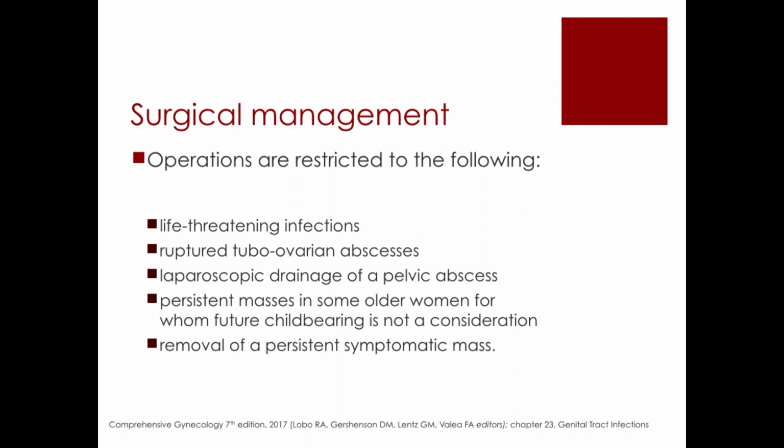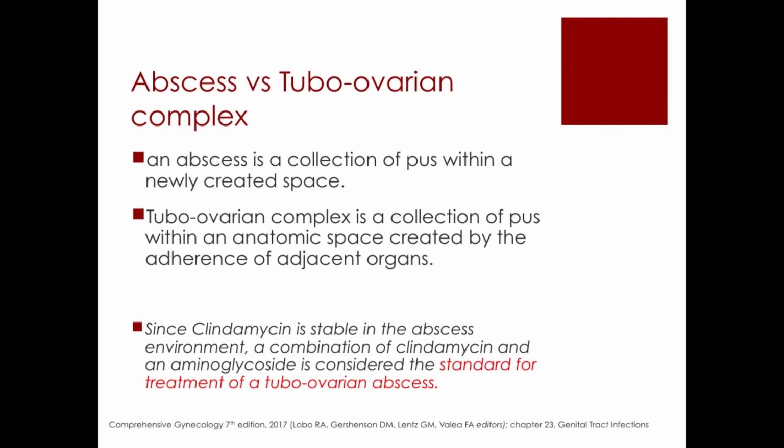So what is the difference between a tubo-ovarian abscess and a tubo-ovarian complex? An abscess is basically a collection of pus within a newly created space, whereas a tubo-ovarian complex is a collection of pus within an anatomic space created by the adherence of adjacent organs.